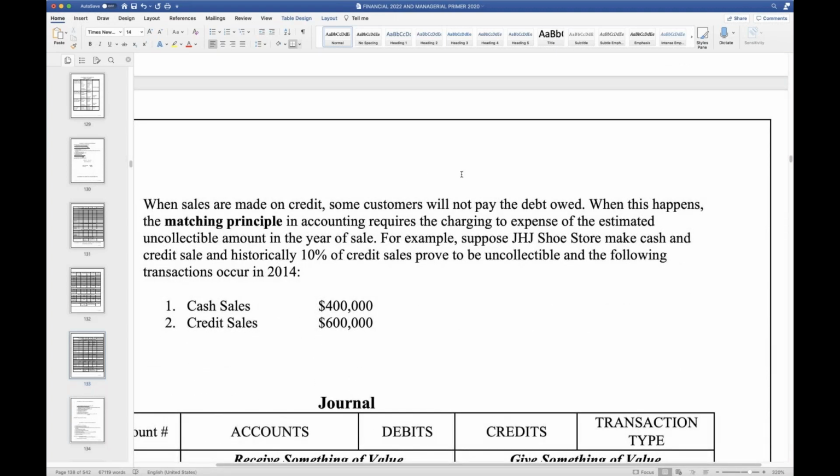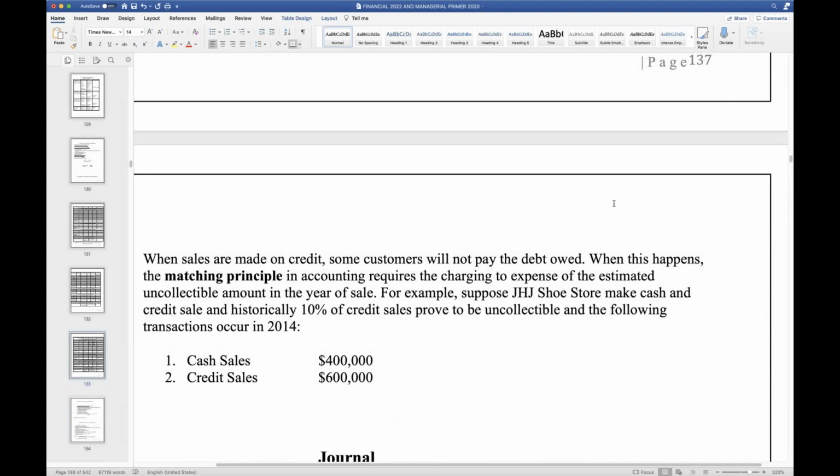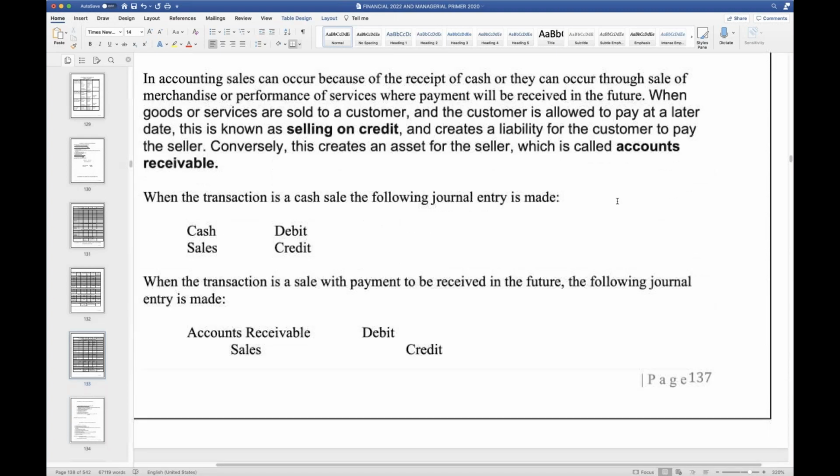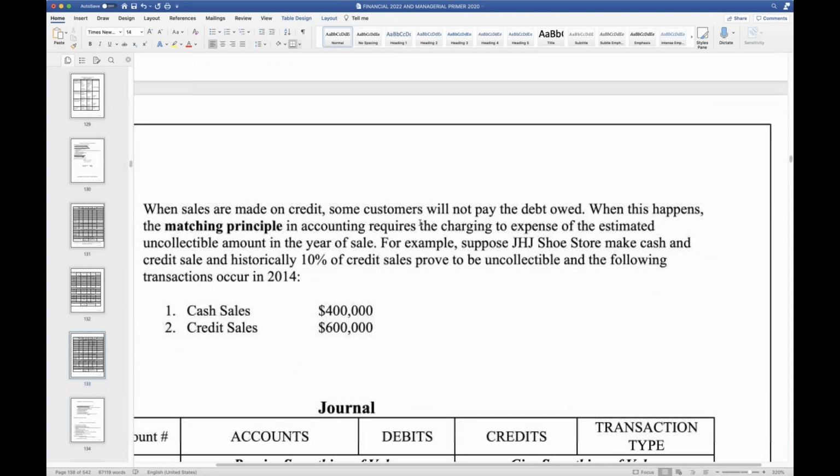So with the matching principle, when customers make credit sales, because some people are not going to pay, that's an expense. So if we had cash sales of 400,000, but credit sales of 600,000, we got the 400.